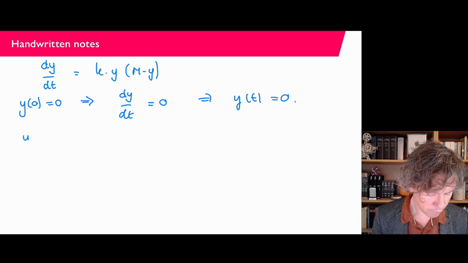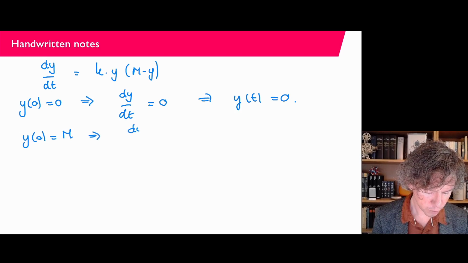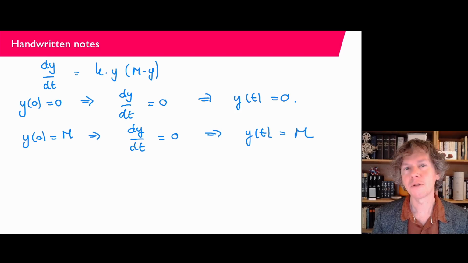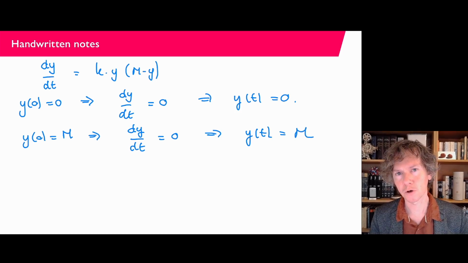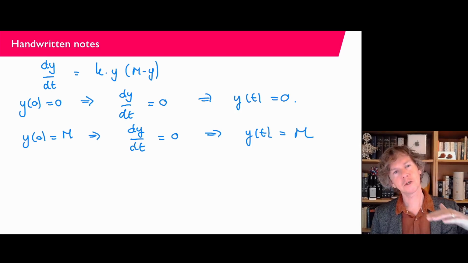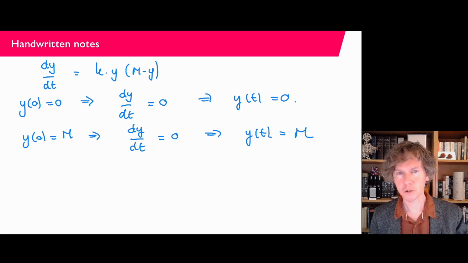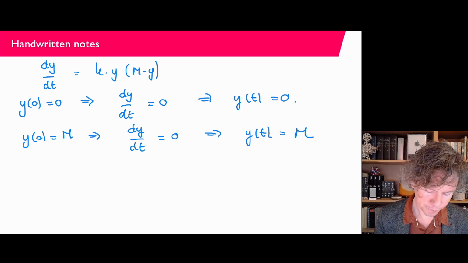But also, if you would start with y0 equals m, then you also see for y equals m that dy dt equals 0 and y of t equals m. So that is also a solution of the differential equation. If you start at the carrying capacity, then the population doesn't change size. So those are special cases.